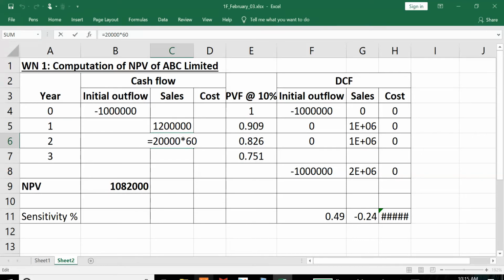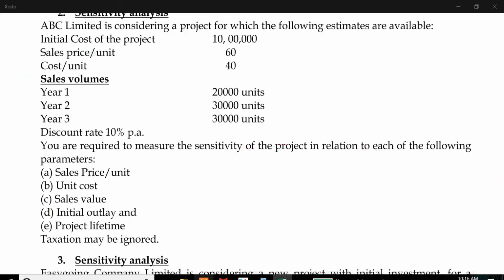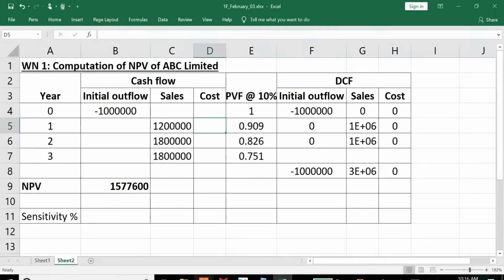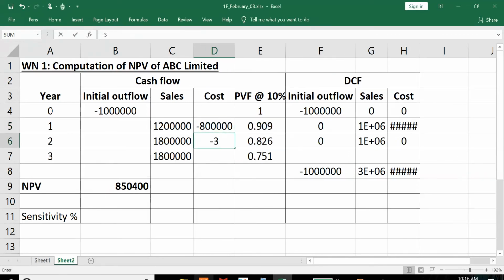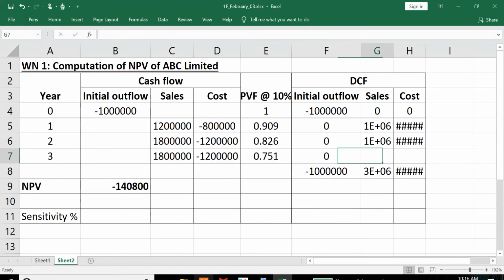Second year 30,000 into 60 and again 30,000 into 60. Cost, you will write it in negative. What's the cost price per unit? 40. So minus 20,000 into 40, minus 30,000 into 40 and minus 30,000 into 40.